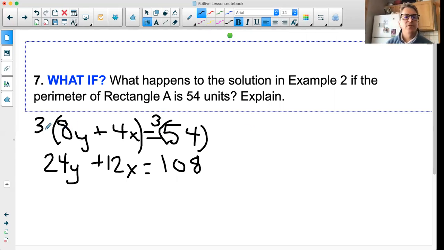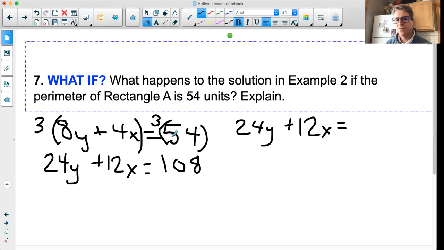So 3 times 8 is 24. And 3 times 4 is 12x. And 3 times 54 is 162.